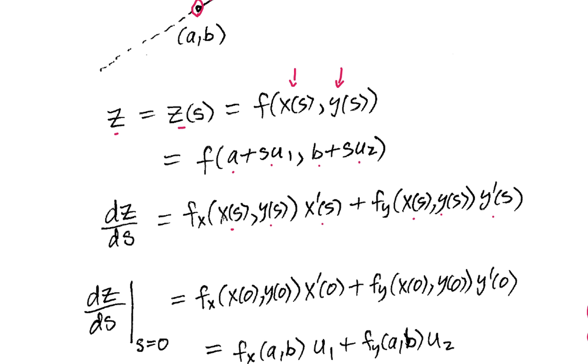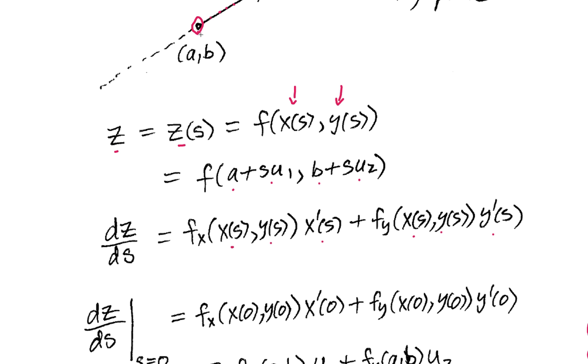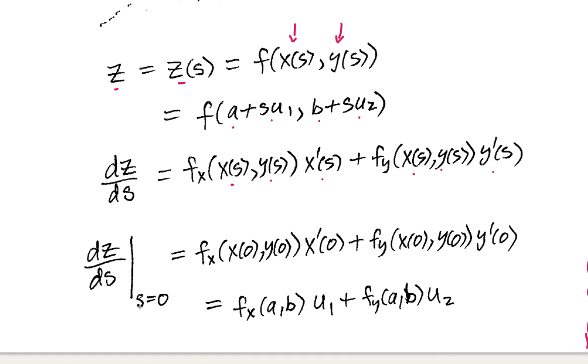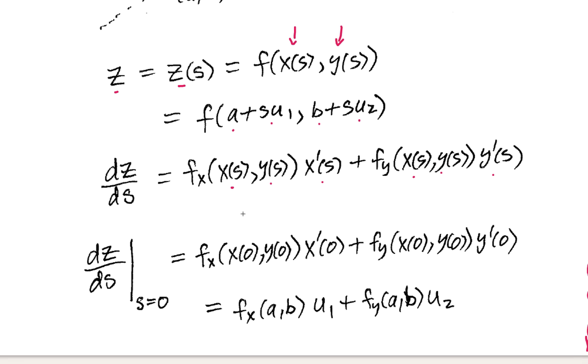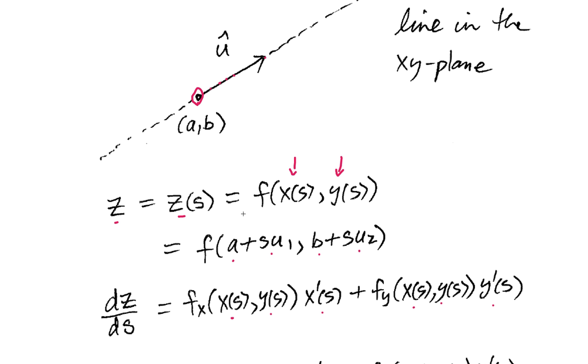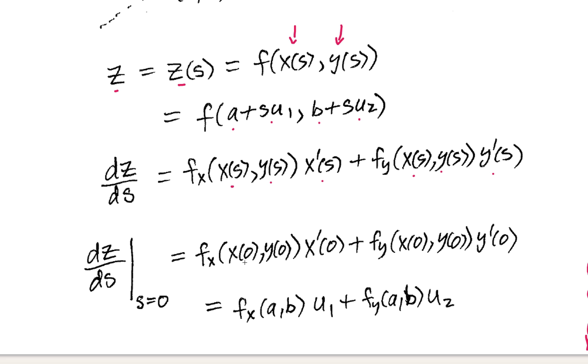Now, if I'm talking about the derivative at this particular point (a, b), then what I want to do is evaluate this at s equals 0. So I'm actually going to find the derivative of z with respect to s at the point (a, b).